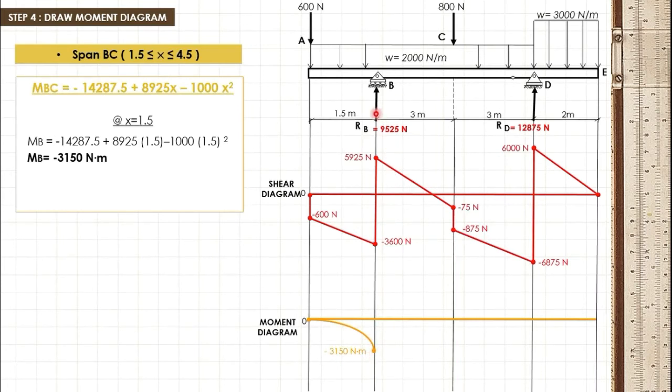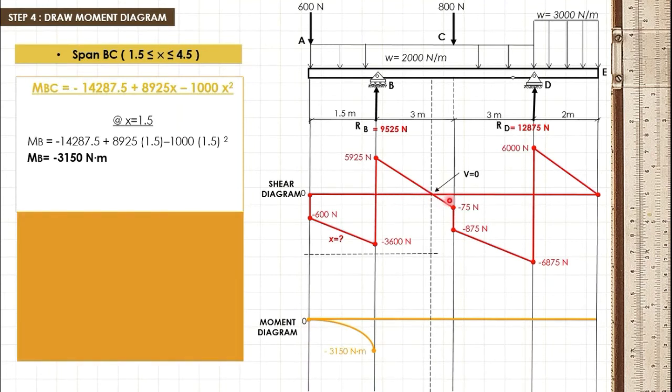After taking the moment at B, we will not go directly at point C because there is still an internal shear at this point, which is equal to 0. So to compute for the moment at this point, we need to find first its location, which will be denoted as x. In this case, this point is located within the span BC.